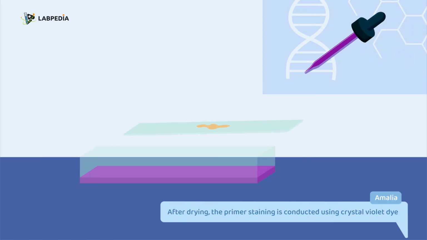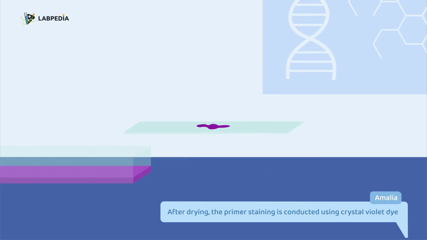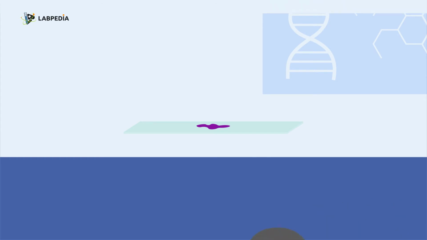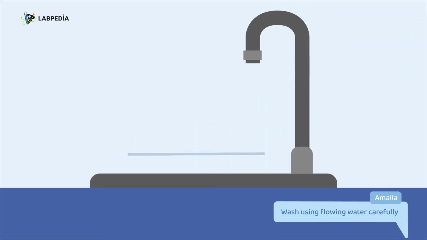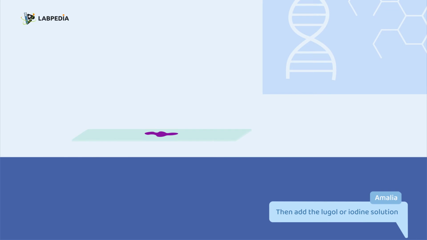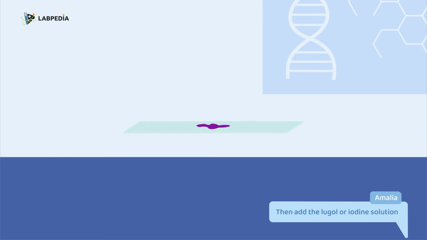After drying, the primary staining is conducted using crystal violet dye. Let it stand for 1 to 2 minutes. Wash using flowing water carefully. Then, add Lugol or iodine solution, and let it stand for 1 to 2 minutes.